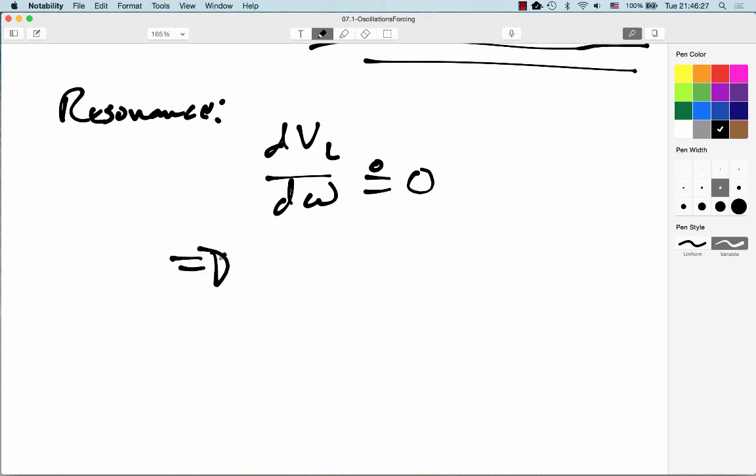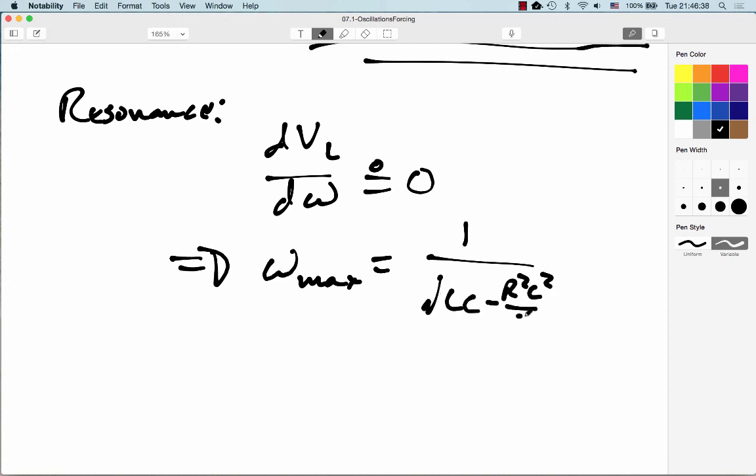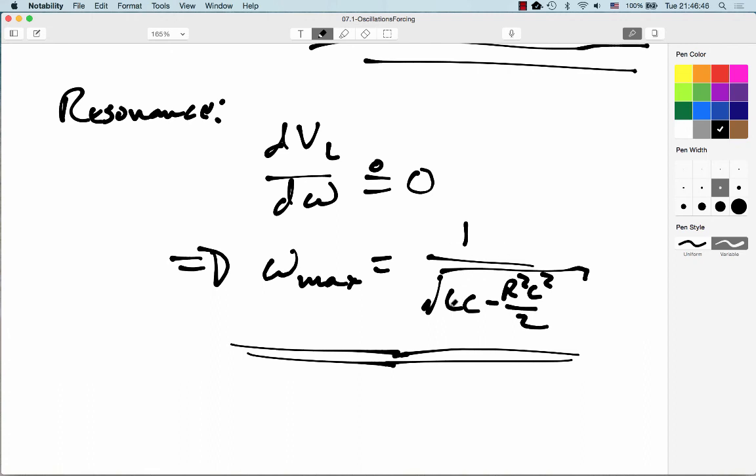And I will just assert that you will get that the resonant frequency is 1 over root LC minus R squared C squared over 2, which differs from the LC oscillator. Remember, for an LC oscillator, it's just 1 over root LC. So this is what you get because of the damping due to the resistor.